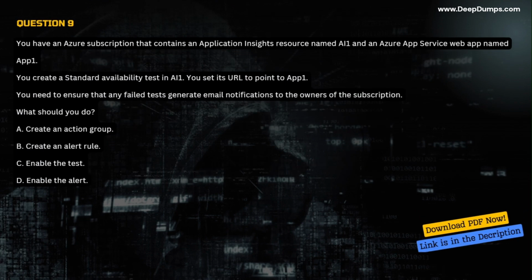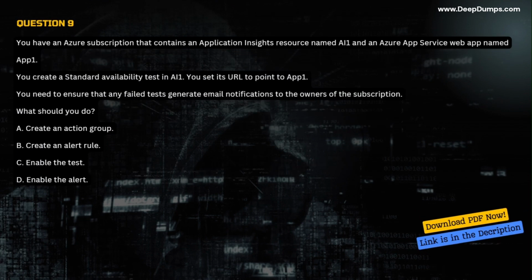Question 9. You have an Azure subscription that contains an Application Insights resource named AI1 and an Azure App Service web app named App1. You create a standard availability test in AI1. You set its URL to point to App1. You need to ensure that any failed tests generate email notifications to the owners of the subscription. What should you do?